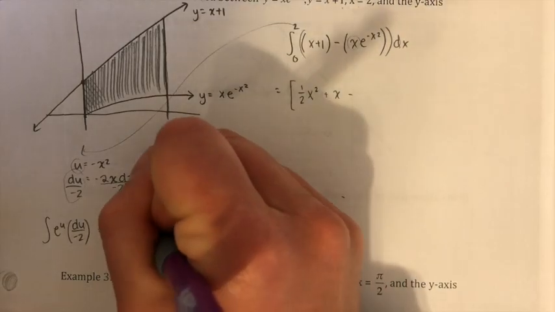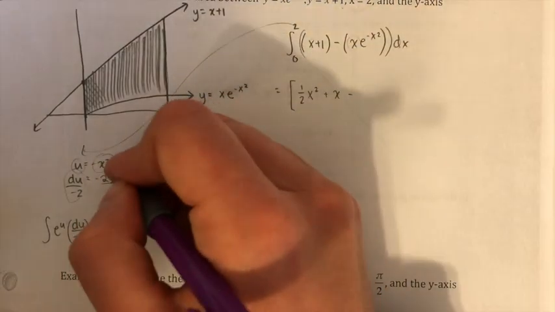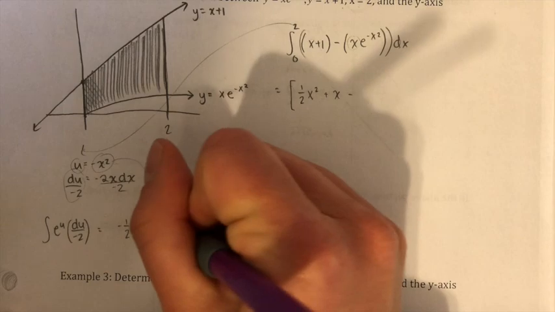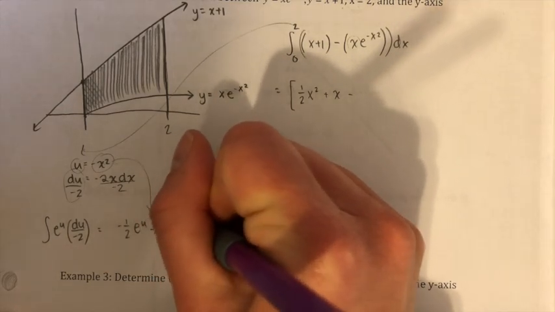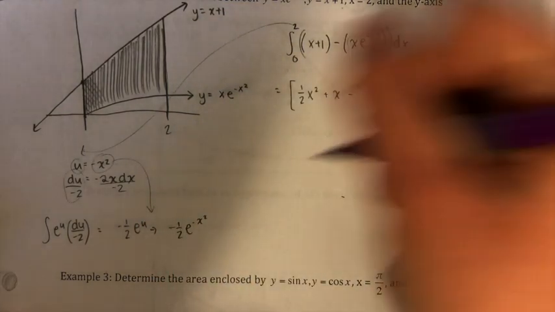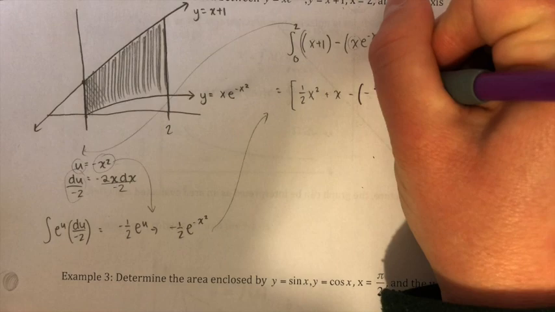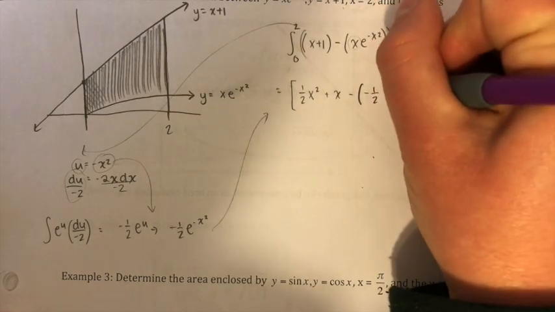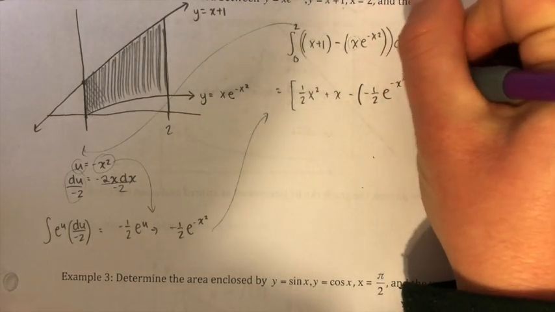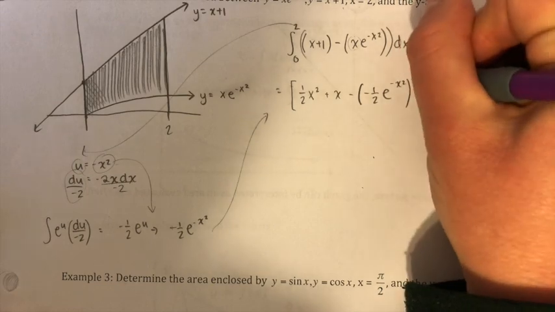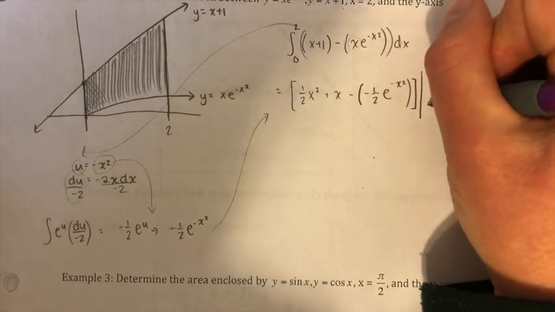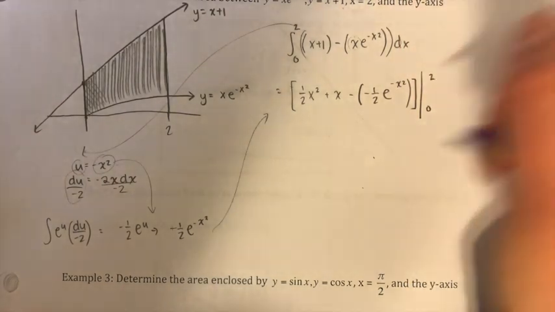Then we can plug our -x squared back in, so 1/2 e to the -x squared. And that can go back up into that statement. So it's going to be minus -1/2 e to the -x squared. And this whole thing is going to be evaluated from 0 to 2.